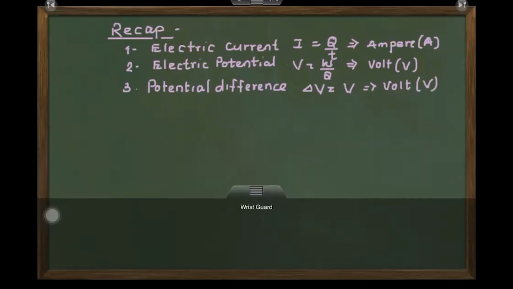One more thing we discussed that day, and I told you this is very, very important, was Ohm's law. According to Ohm's law, V is directly proportional to I, and hence we can write V is equal to I into R. Here R is a constant, and this is termed as resistance.